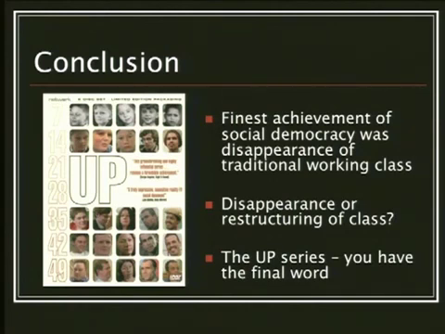But, as you can see in the new study that has just come out, the BBC's Great British Class Survey, there is increasing uncertainty about what to make of the British class system.